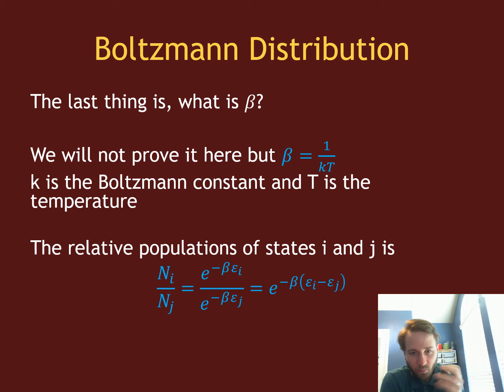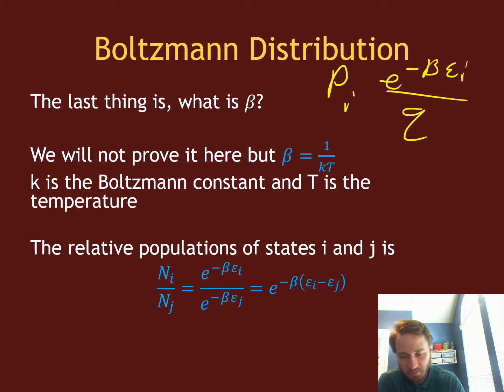So what is the beta in this function? The probability distribution P sub i, which is the probability of being in energy level i, is the exponential of minus beta epsilon sub i over Q, this partition function. Beta itself is equal to 1 over kT, where k is the Boltzmann constant and T is your temperature.